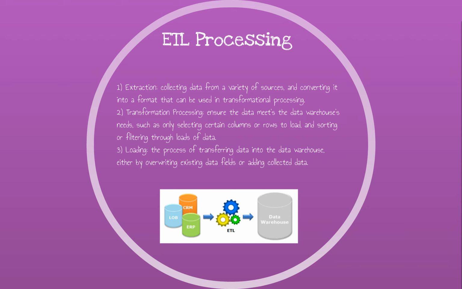And finally, loading is the process of transferring data into the data warehouse, either by overriding existing data fields or adding collected data. With a better understanding of how these complex data warehousing systems are managed, we may now begin to see how its application as a tool for the healthcare industry will be used going forward.